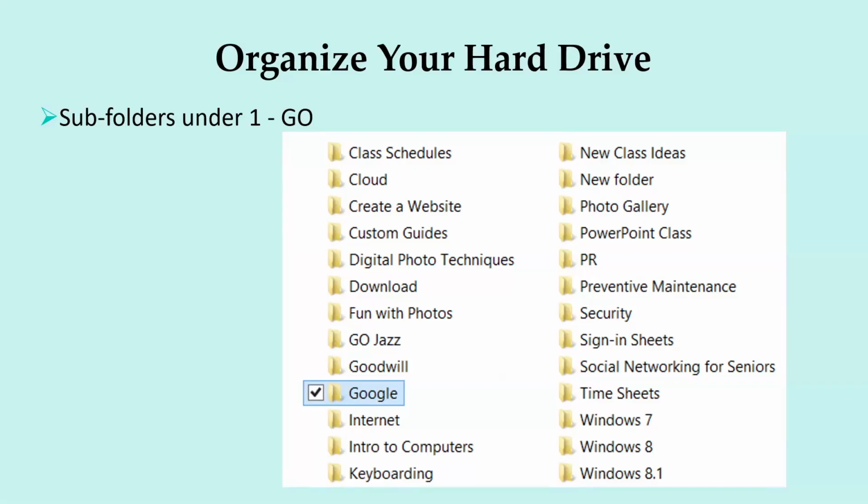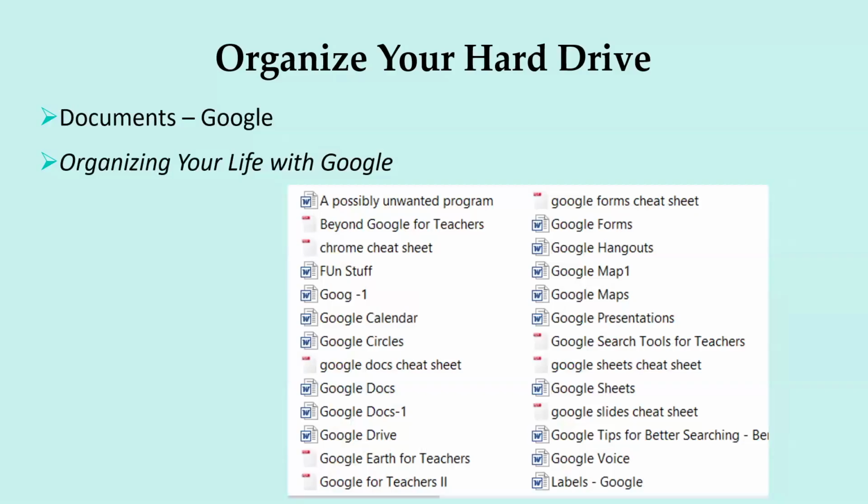Oh, I need to update that. That's got new information. And I went to 8.1 and 10, and I'm glad I'm not teaching 11. I think it would be a difficult operating system to teach. And here's what's in my Google folder to teach adults how to use technology.